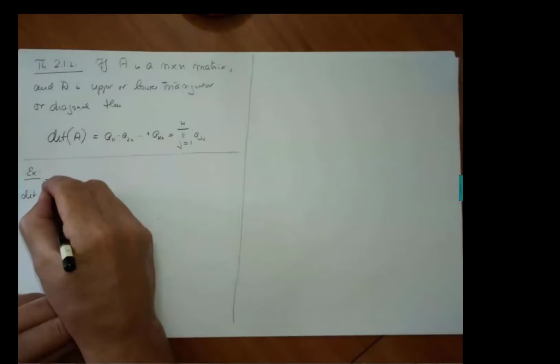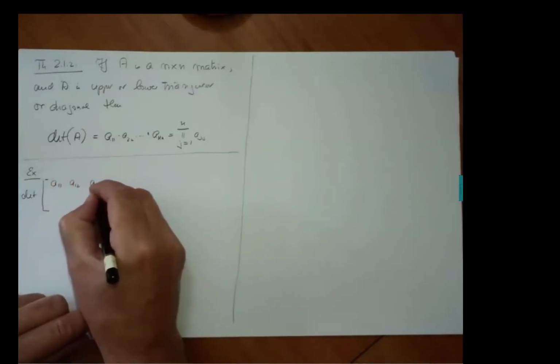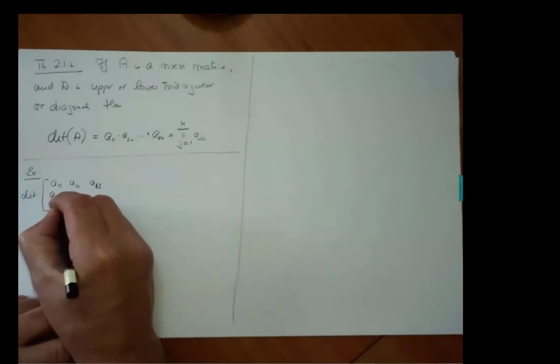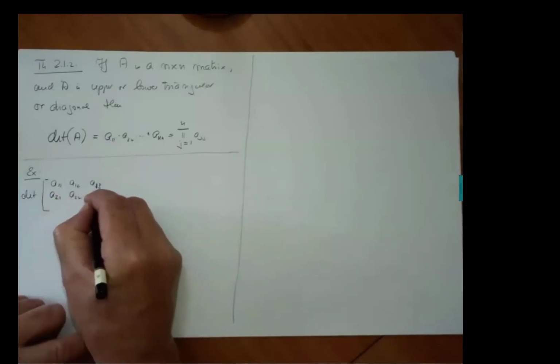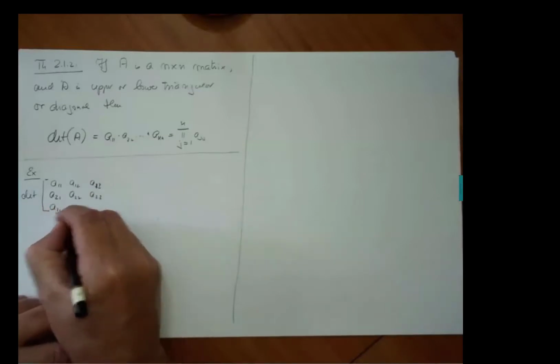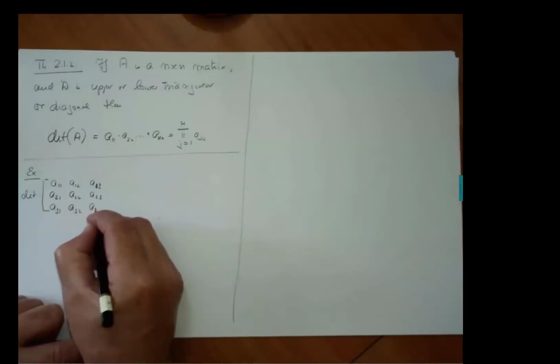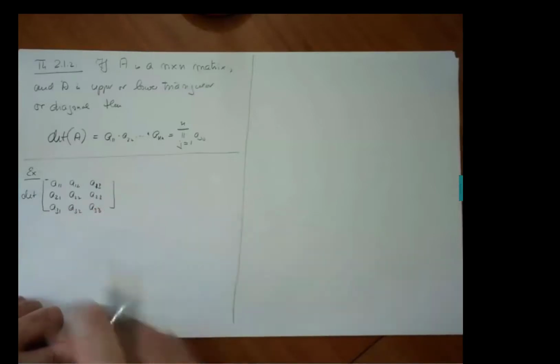So let's do a general matrix: A11, A12, A13, A21, A22, A23, A31, A32, A33.